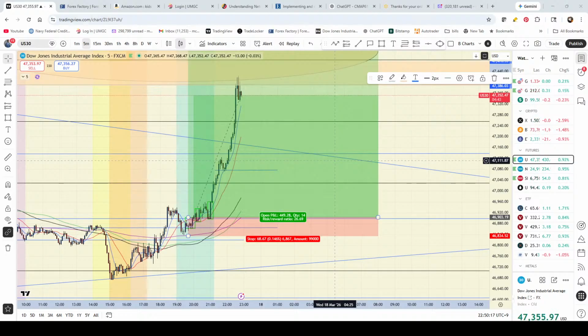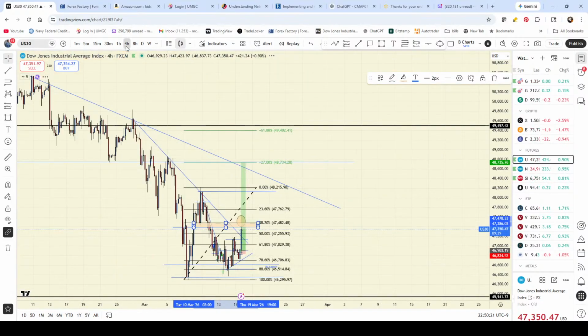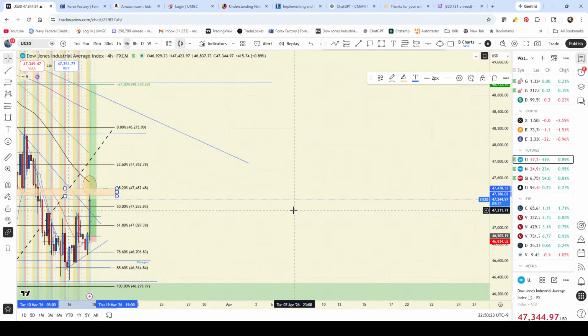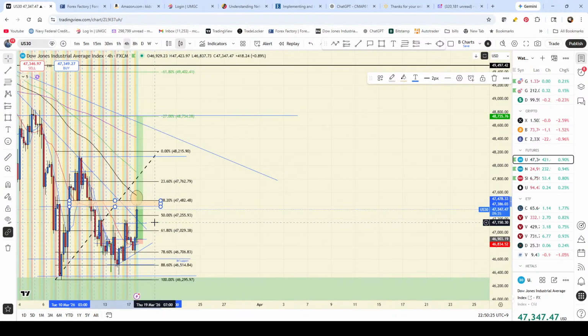Oh, it's moving good too. All right, so I'm back. So the reason why I entered this sell is price came up to this area right here, and this is like an order block of some type. It used to be a supply zone.